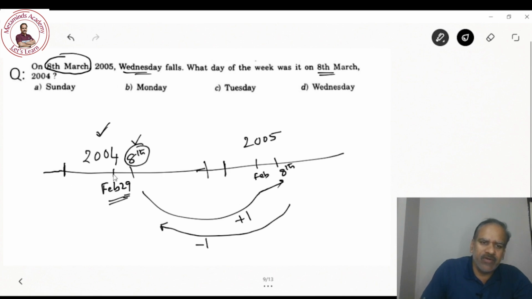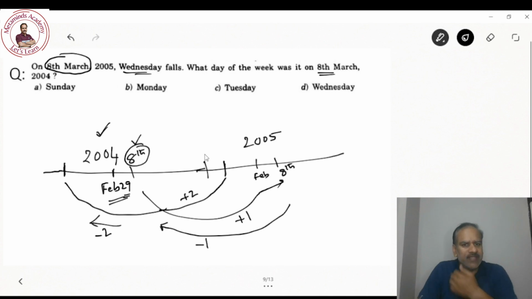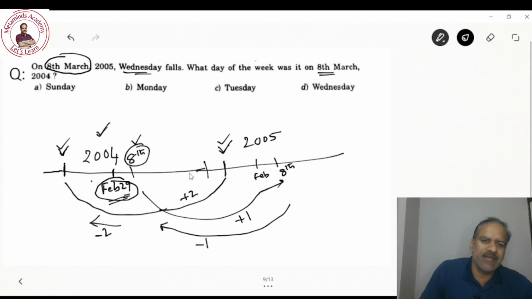When the date falls before Feb 29th, it is plus 2 in the forward direction, minus 2 in the reverse direction. That means if you are given this date, you can find this date by subtracting 2. If you are given this day, you can find this day by adding 2. But if the day falls after Feb 29th, it is plus or minus 1. So when Feb 29th falls between the dates, it is plus or minus 2. If the date falls beyond Feb 29th, then it is plus or minus 1.